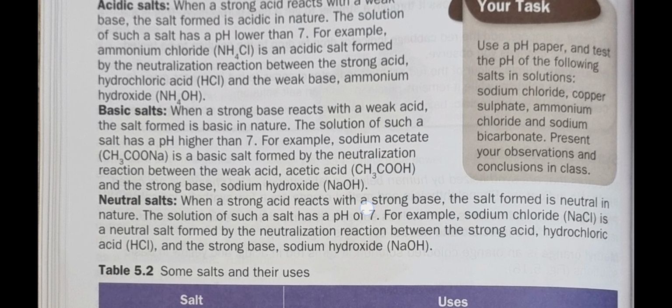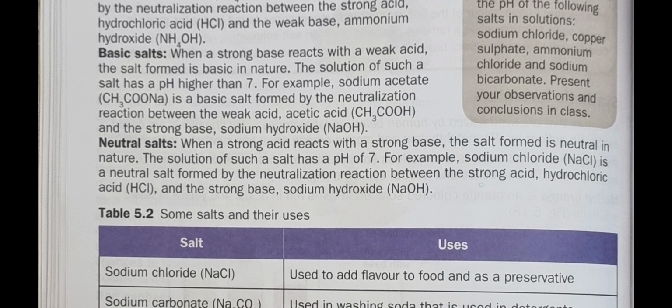We can identify this from the observation of the pH value. And basic salt: when a strong base reacts with a weak acid, the salt formed is basic in nature.